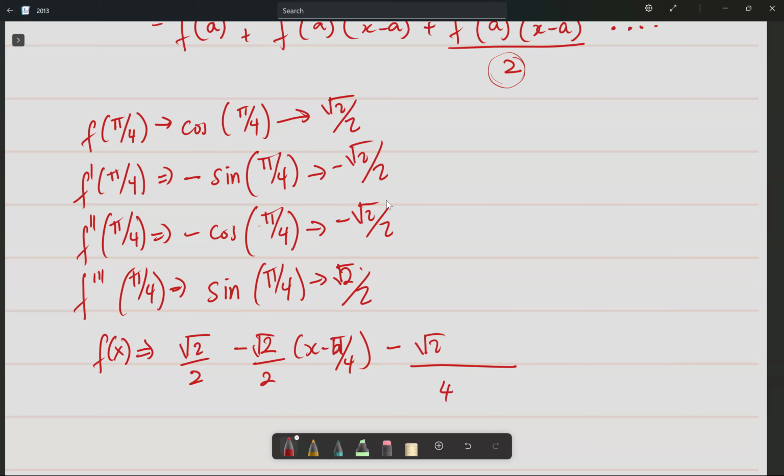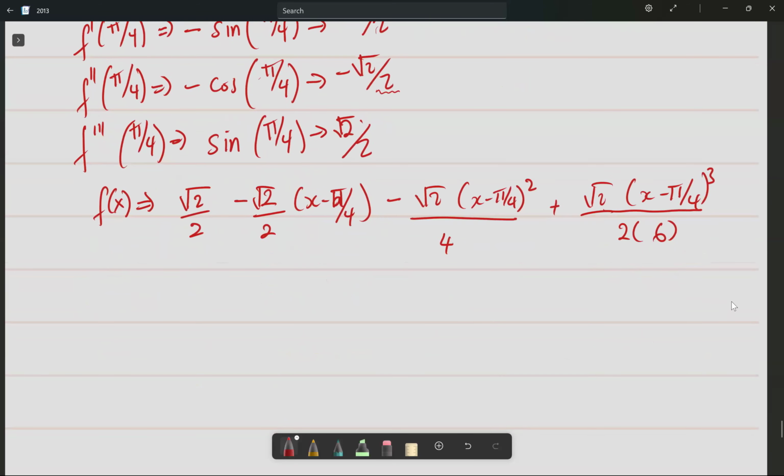So the 2 that's here is going to become 4. Times x minus pi over 4 squared, plus root 2 over 2, this is going to be 6, so the 2 here, times x minus pi over 4 cubed.